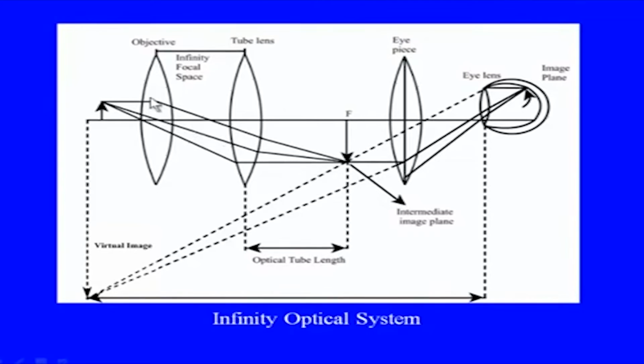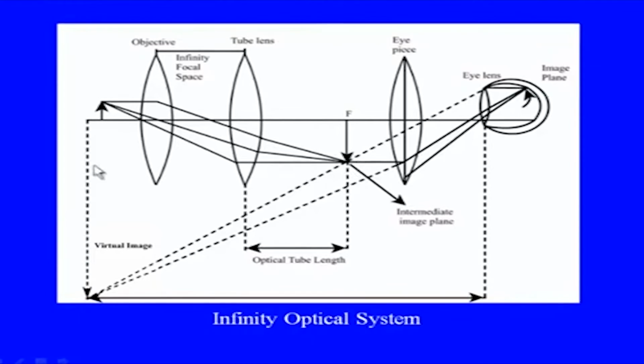And you can see that the rays, diffracted or direct rays coming from the object, are focused at infinity, that is, almost parallel rays are coming out here, and these parallel or infinity focused rays are then finally focused to the intermediate image plane by the tube lens.